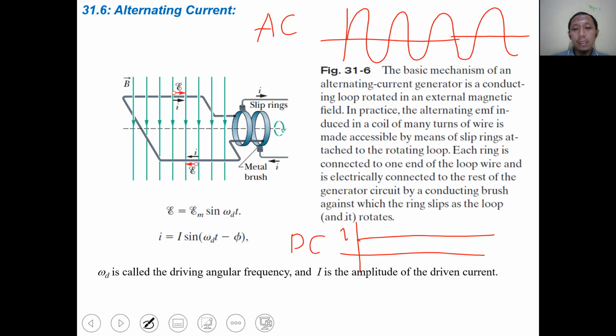So this is the I, this is the t, and also this is the I, and this is the t. It means that for DC current, every time, the current or the voltage will be constant. So this is the DC current.